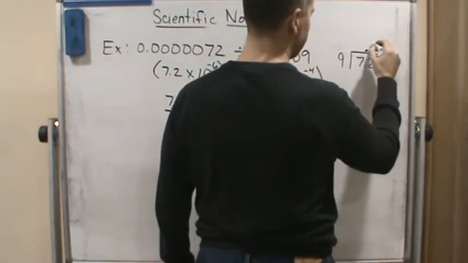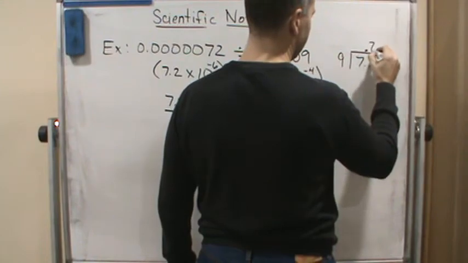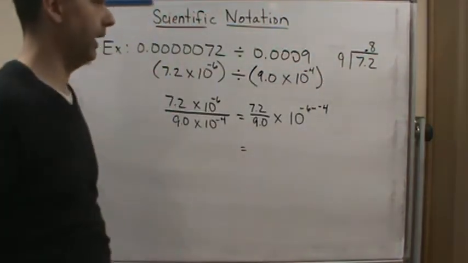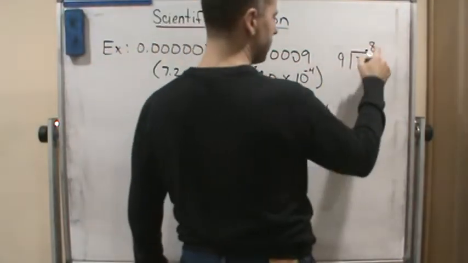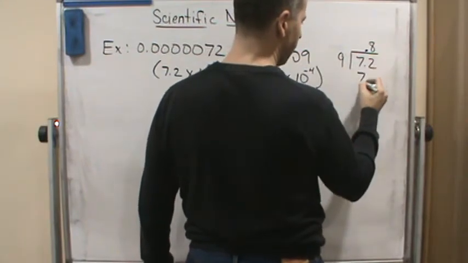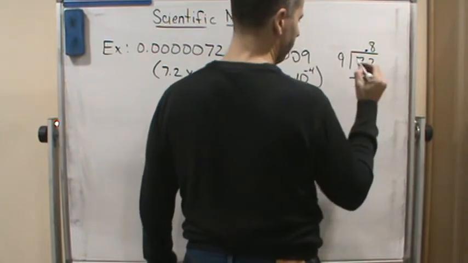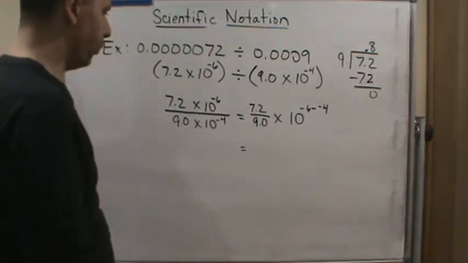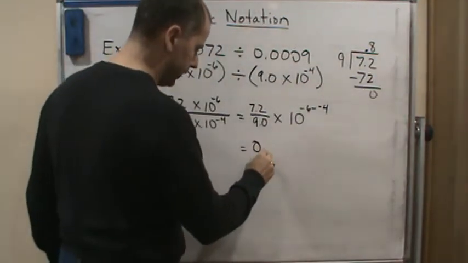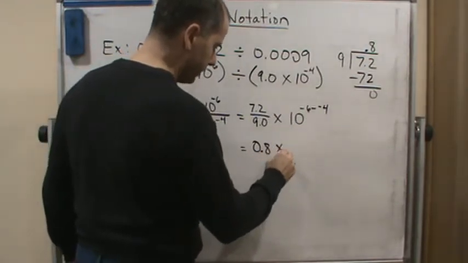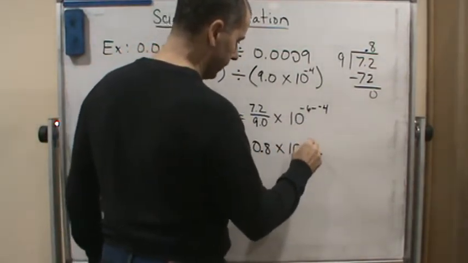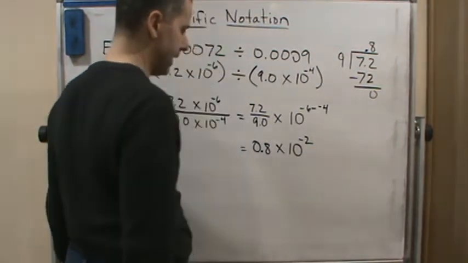Yeah, it's going to be 8. Okay? And then 9 times 8 is 72. So we get 0.8. So we get 0.8 times 10 to the what? Negative 2nd.